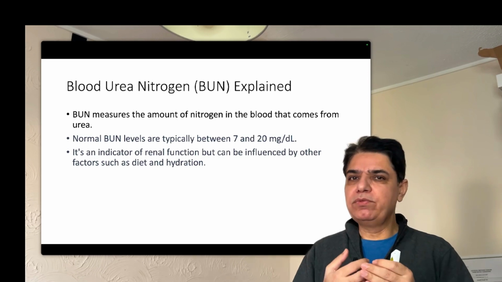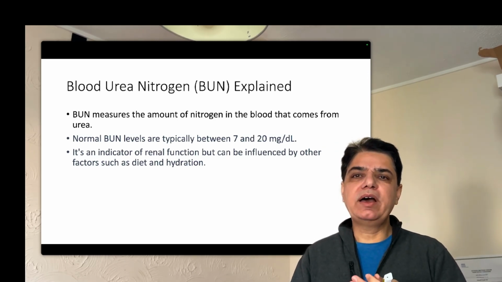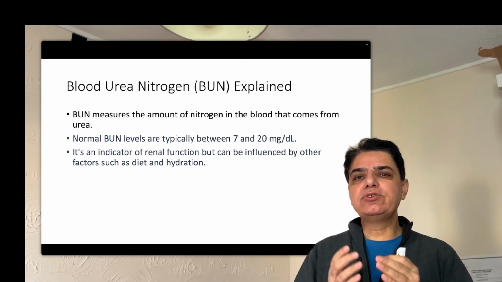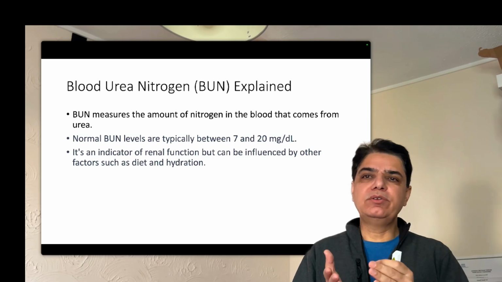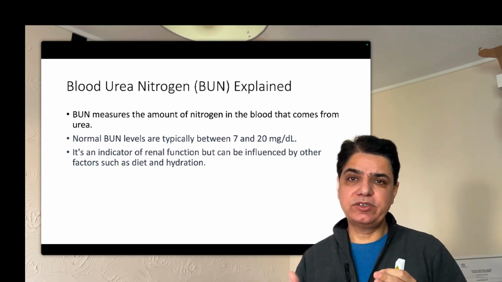It's simply because the fluid has gone out of the body, so the concentration of urea has risen. So remember, blood urea nitrogen and urea is not only an indicator of your renal function, but it's also an indicator of your hydration status.